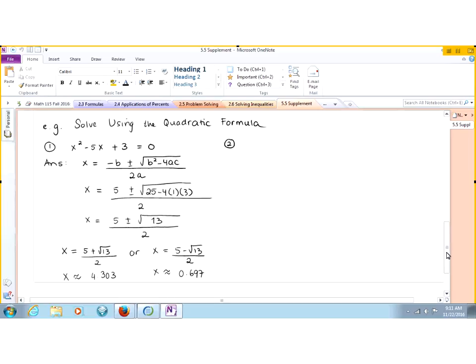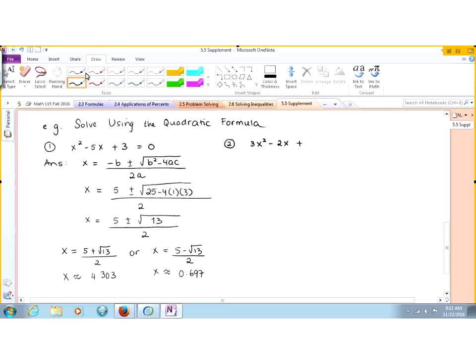All right, so let's just start. Number 1 and number 2. Suppose we have 3x squared minus 2x plus something is equal to 7, or equal to 8. Oh, actually, this is factorable.